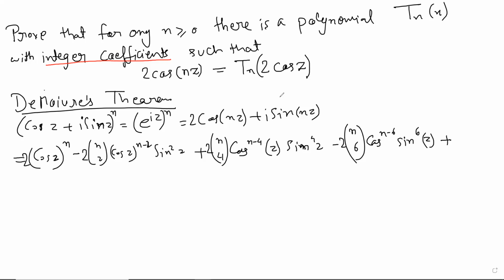But then we won't have integer coefficients. That is the problem, right? So if you write 2 cos nz, then you have to get 2 to the power n.